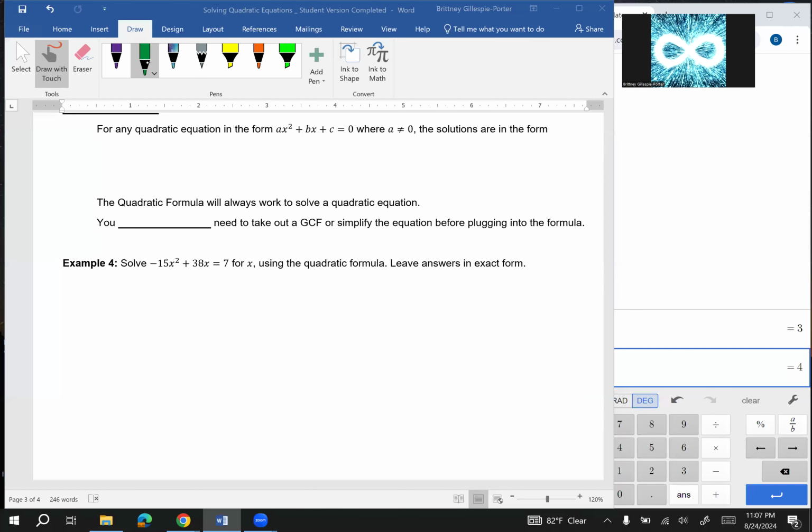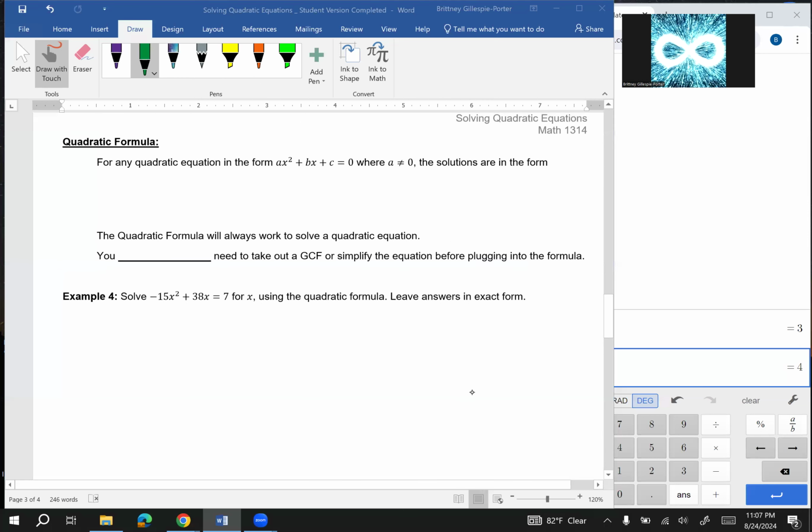Okay, the next way that we are going to solve our quadratic equations is using the quadratic formula. If you have your quadratic equation in standard form, so everything on the left equal to 0, or everything on the right and the other side 0, then the solutions are in the form x is equal to, it's going to be a big old fraction.